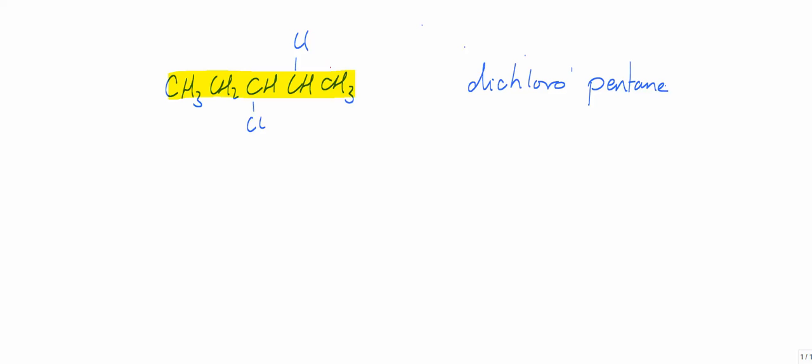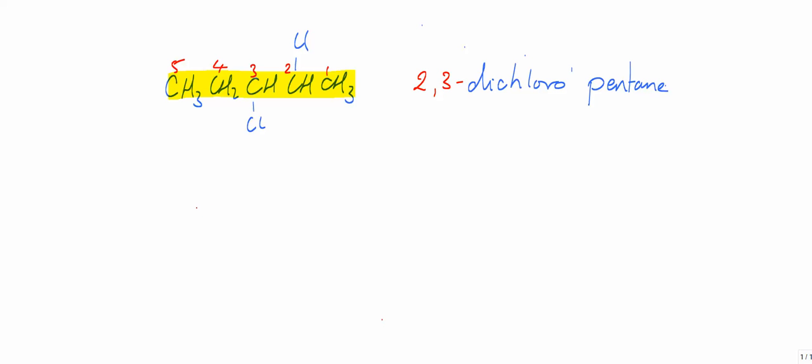For the lowest numbers, we'll number from this end, 1, 2, 3, 4, 5, and we can see that they are on carbons 2 and 3. It's 2,3-dichloropentane. Don't forget that if we have other branches, you've got to include those again.